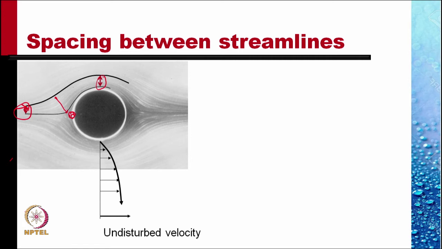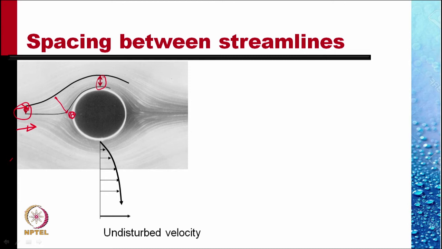If we draw the velocity profile at the shoulder, this is the velocity profile. Notice that even at a substantial distance away from the surface, the velocity of flow is still less than the undisturbed velocity out here. We will talk about this later.